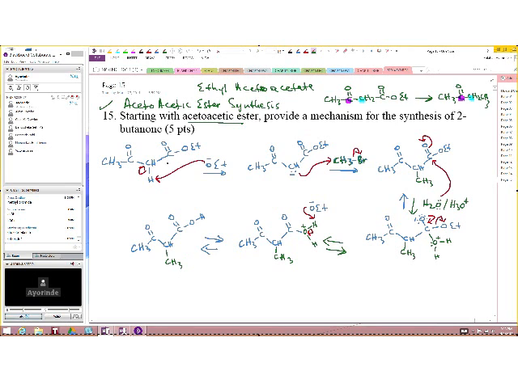What we've given you now is the mechanism for the hydrolysis of an ester to a carboxylic acid, which is the reverse of the Fischer esterification, which goes from a carboxylic acid to an ester. When you're going from an ester to a carboxylic acid, you start with dilute acid. On the other hand, if you are going from a carboxylic acid to an ester, you start with concentrated acid. So now we form this.